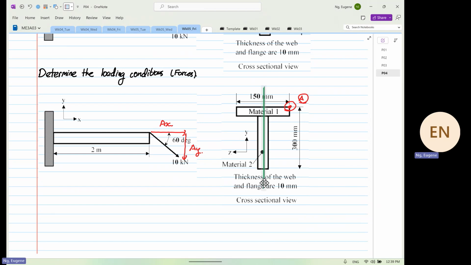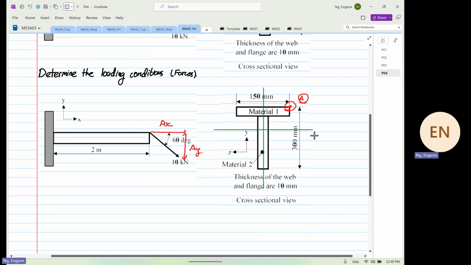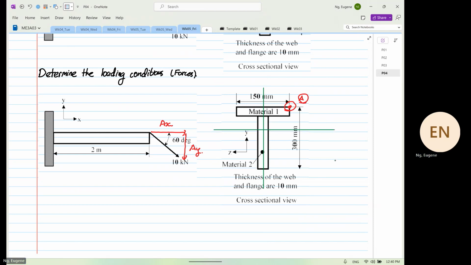One centroid is in this direction. The other centroid is in this direction. This is our ZZ axis, and this is our YY axis. Right? So from here, how many bending moments can you see over here? Is it 1 or is it 2?